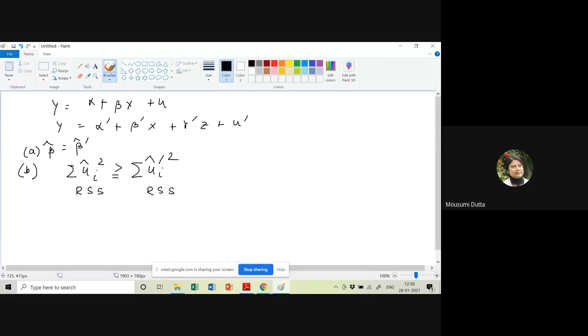So what will be our line of thinking here? Can we define one model as the restricted model and the other model as the unrestricted model? Yes, ma'am, we can. So which one will be the restricted model and which one unrestricted?